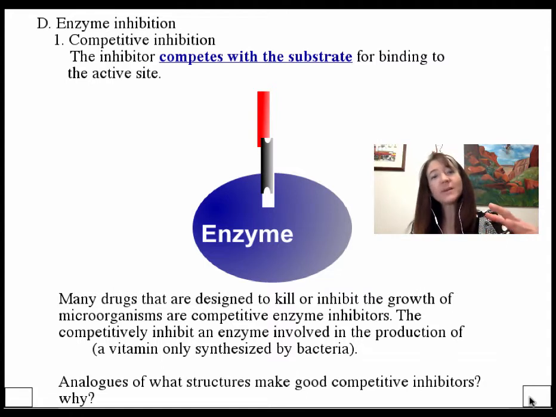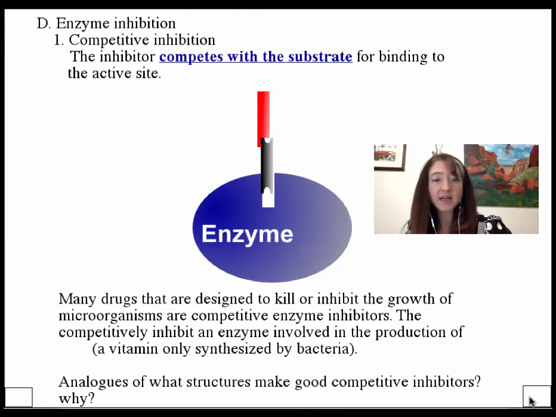So if you could be a brilliant organic chemist and you could actually design an inhibitor that looked more like the transition state than it did like the substrate, you would be designing an inhibitor that the enzyme would desire more than it desires its substrate. So there actually are inhibitors that bind more tightly to the enzyme.